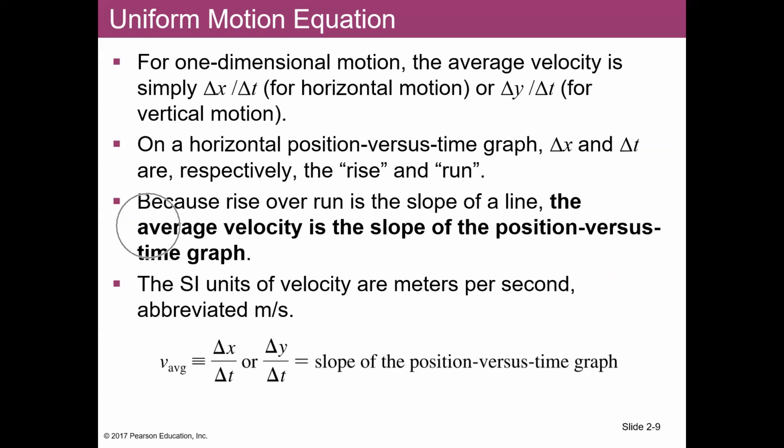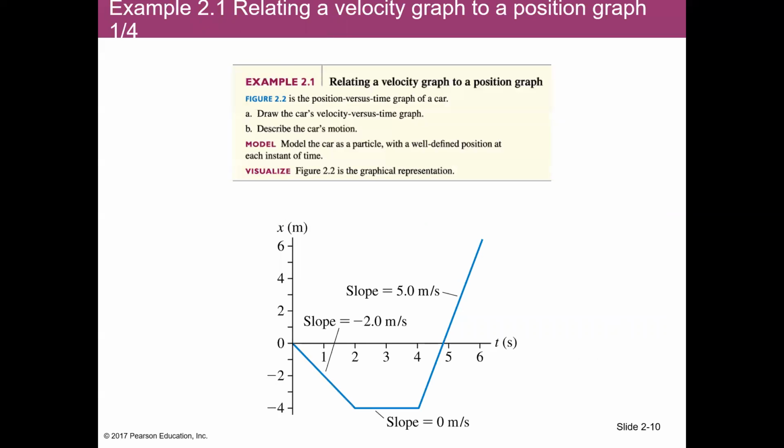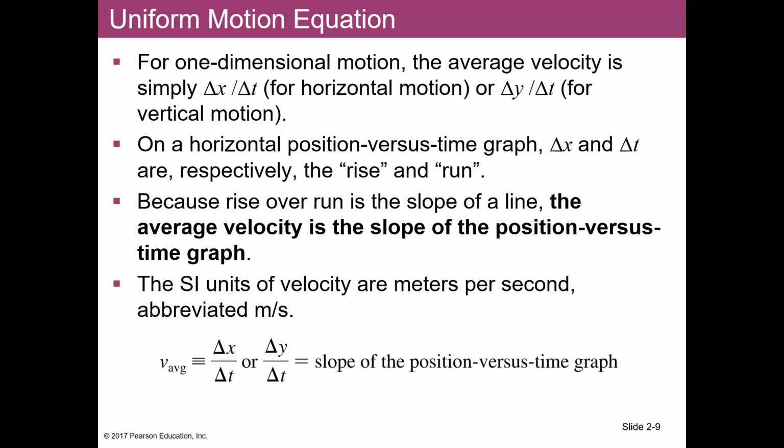Okay, so we define the average velocity as delta x over delta t. And that's really the definition of it. But when we get to the equation, we get that s final equals s initial plus v sub s delta t. A note about these subscripts: you'll notice that we have the average, delta x or delta t or delta y over delta t.